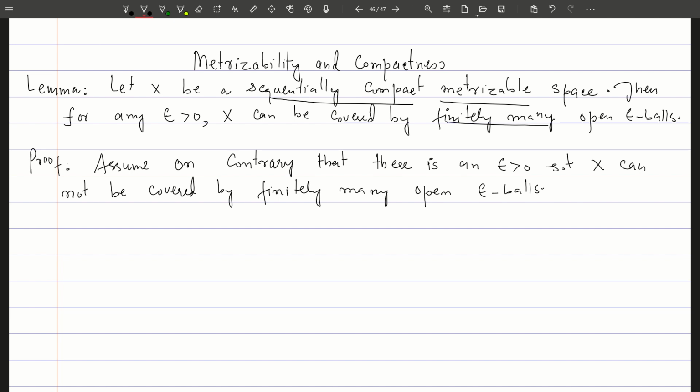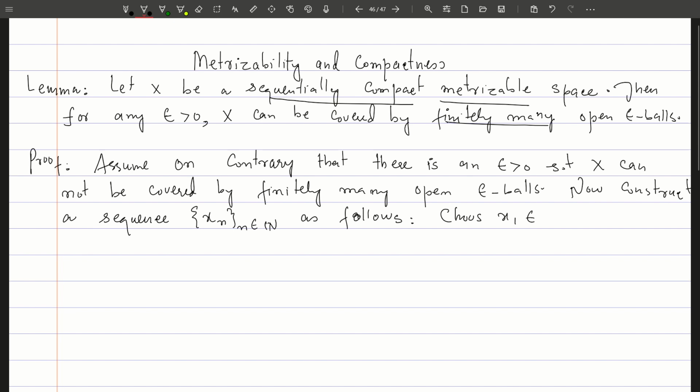Now we construct a sequence xn, where n is a natural number, as follows. We choose x1, the first term of this sequence, arbitrary. So choose x1 belongs to X. This x1 is any point in the space.